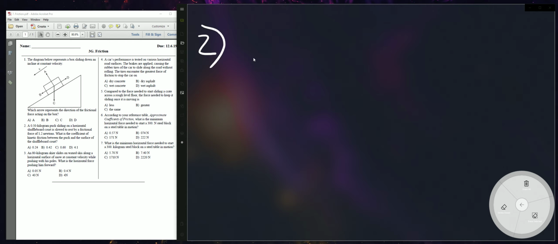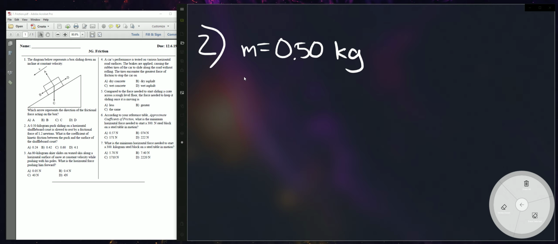Number two, a 0.5 kilogram puck sliding on a horizontal shuffleboard court is slowed to rest by a frictional force of 1.2 newtons. What is the coefficient of kinetic friction between the puck and the surface of the shuffleboard court? So the mass is 0.50 kg.